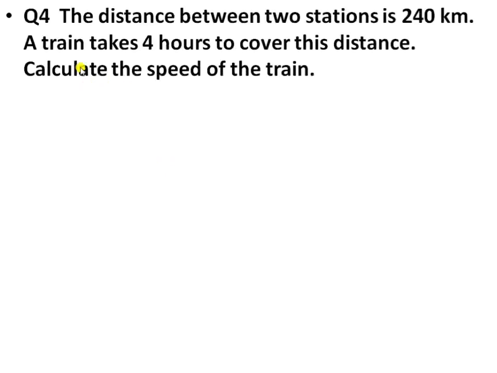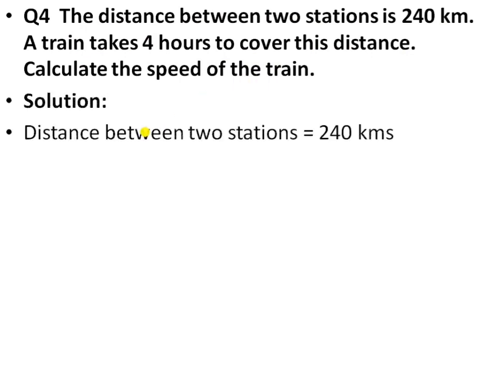Next is question number 4. The distance between two stations is 240 km and a train takes 4 hours to cover this distance. You have to calculate the speed of the train. Solution: the distance between the two stations is 240 kilometers and the total time taken is 4 hours.